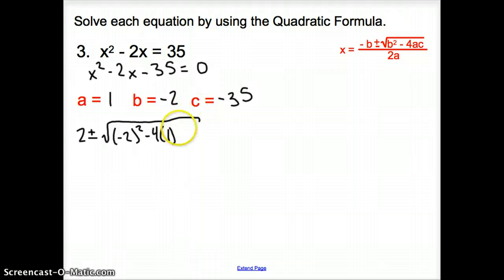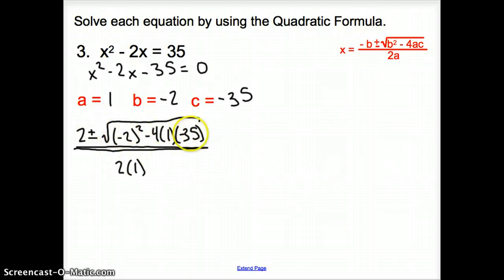And then our c is a negative 35. And now all of this is underneath this square root. Also, with this fraction bar, ladies and gentlemen, this fraction bar is underneath everything, not just this part, but everything. That goes all over the top of 2 times 1.